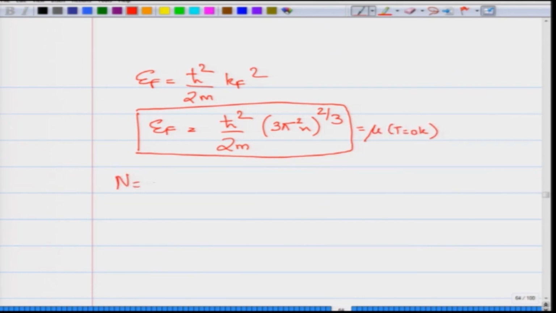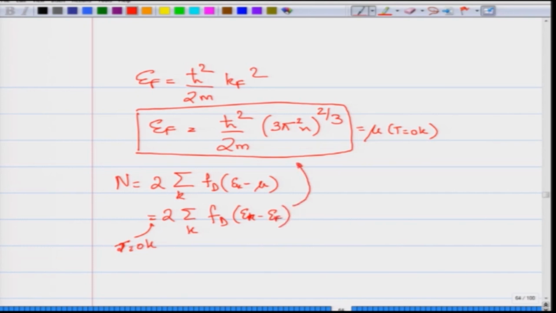So starting with this expression for counting of momentum states, following the occupied and unoccupied states at T equal to 0 Kelvin, we get an expression for the Fermi energy.